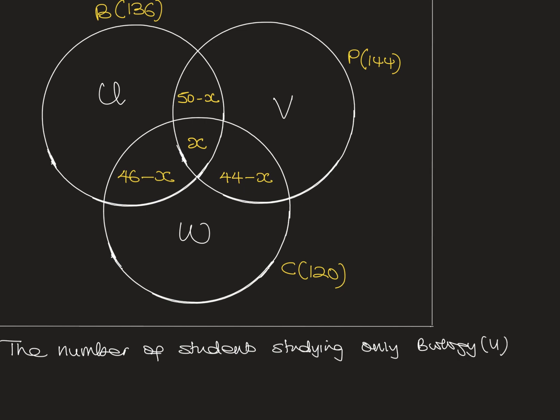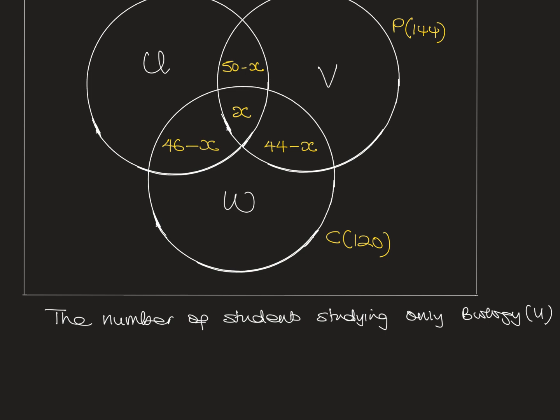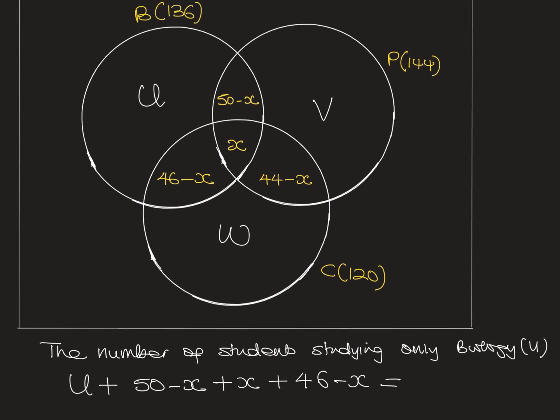That is U. So we can say U plus 50 minus X plus 46 minus X is equal to 136. You get that? It is 136 because 136 is the total number of students studying biology.